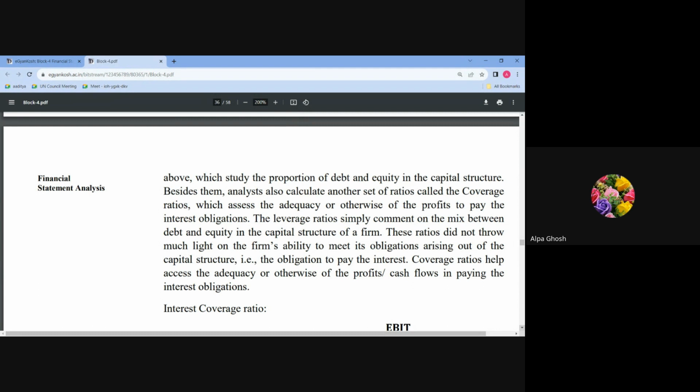There is one more ratio which is known as coverage ratio, and it tries to find out the adequacy of the profit to pay the interest. We have debt. Are we in the position to pay the interest on debt? This is what we call coverage ratio.